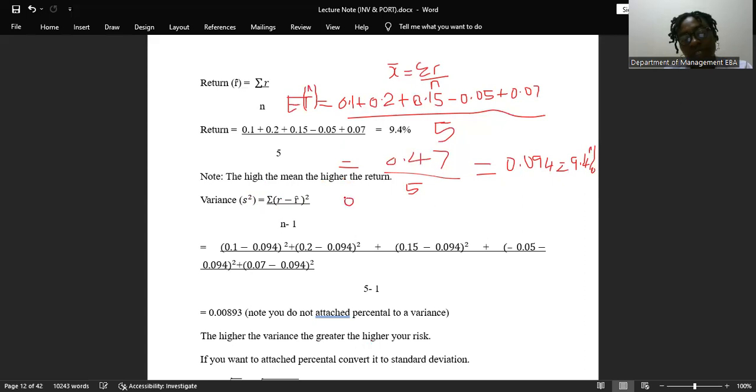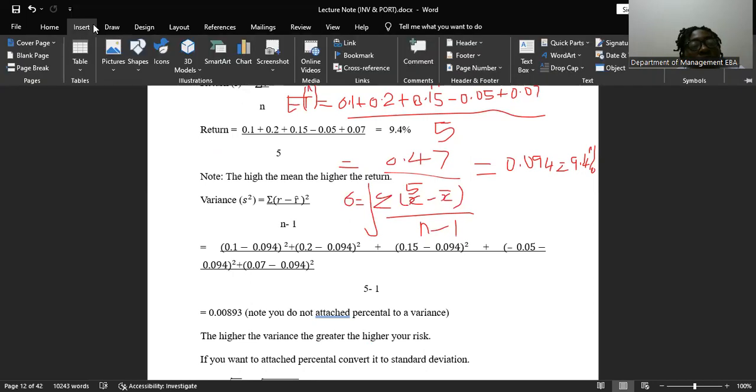That is the symbol for standard deviation, and it equals the root of sigma of x minus the mean, squared, all over n minus 1. Now we are calculating risk, so we change all the x and the mean to returns.